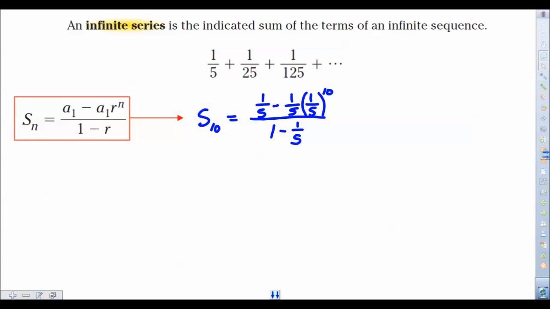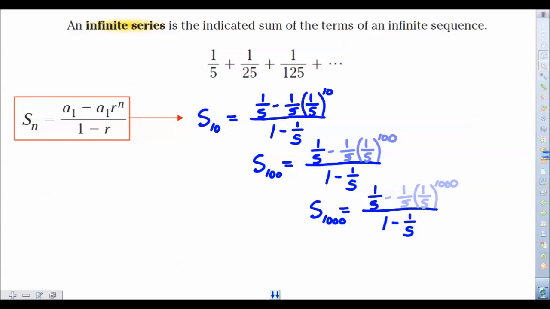Now, to get our heads wrapped around an infinite series, what we did in class was we said, well, what if we made this not 10, but maybe, say, 100? What happens when that becomes 100 is that whole quantity that you see there, kind of grayed out, becomes less. It becomes closer to 0. And as we keep on increasing the number of terms we're adding up, the more insignificant the value we have working in the numerator.